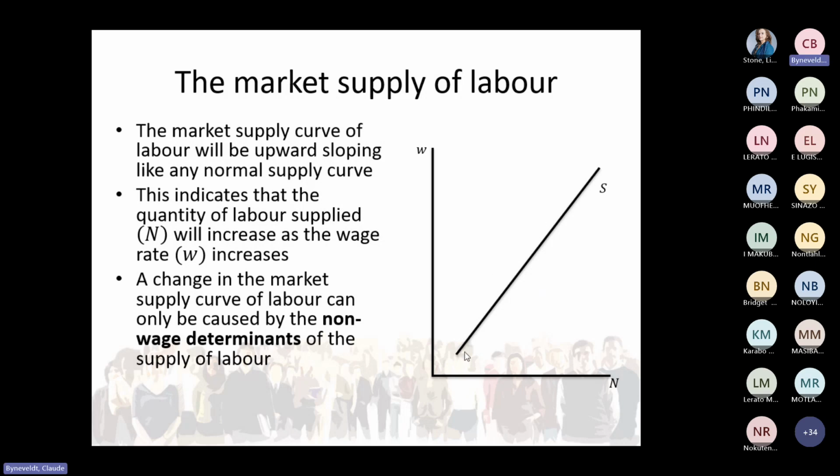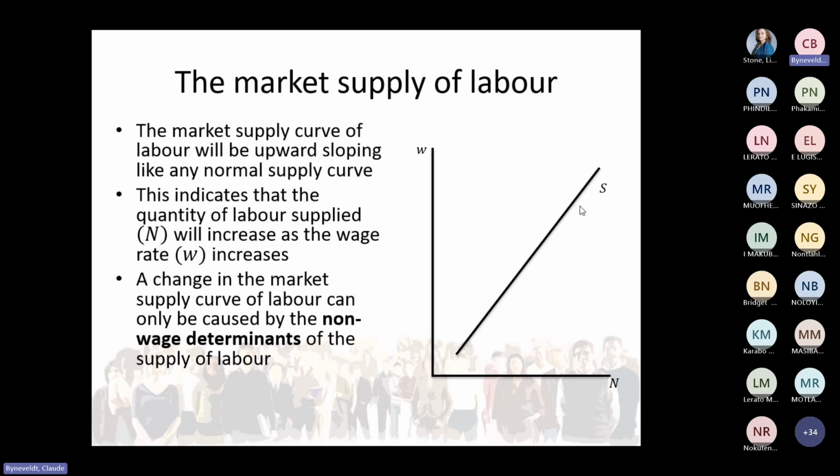It indicates a positive relationship between the wage rate and the number of workers supplied. So the quantity of labor supplied will increase as the wage rate increases. Now, the quantity of labor supplied is the number of workers.